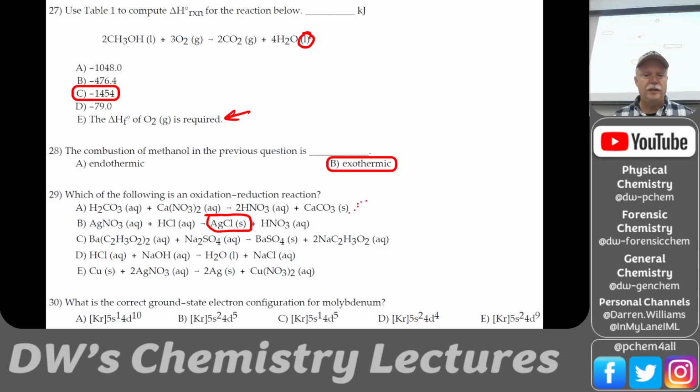So that's a precipitation. Double replacement, precipitation, PPT. Let's see, this is barium acetate, sodium sulfate. Oh, barium sulfate, that's a precipitation. So there's a solid there. And sodium acetate.